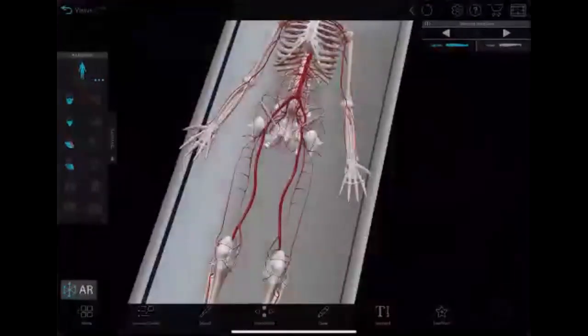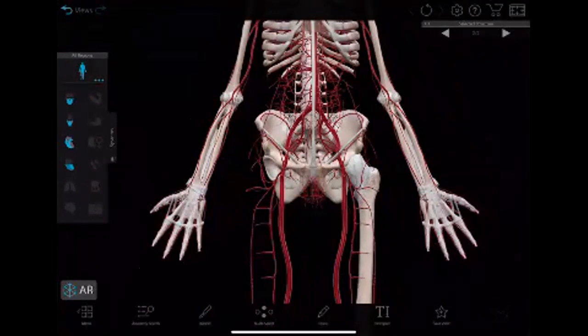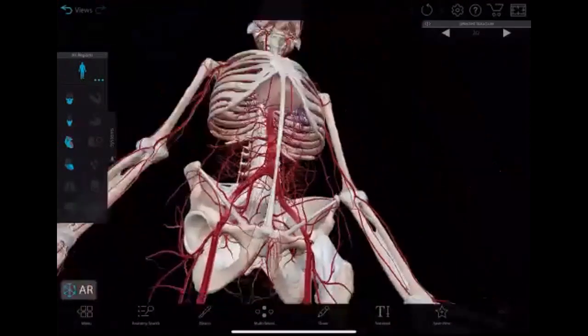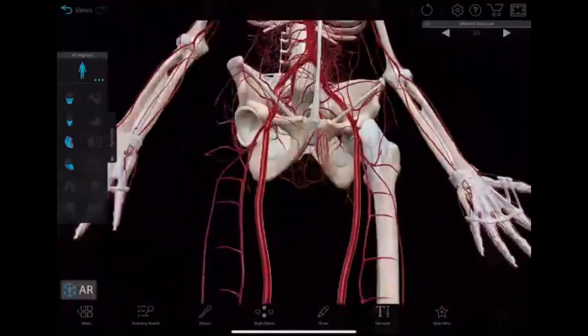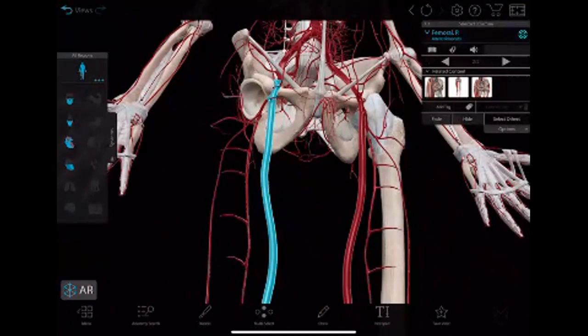So with that, quickly again we'll see the branches. So that is the femoral artery, right?